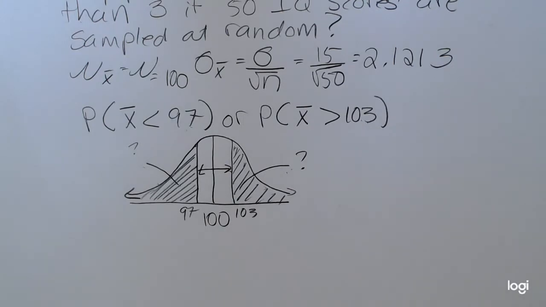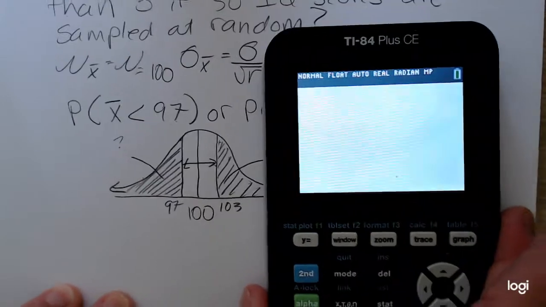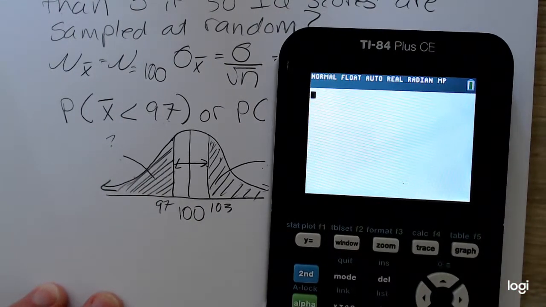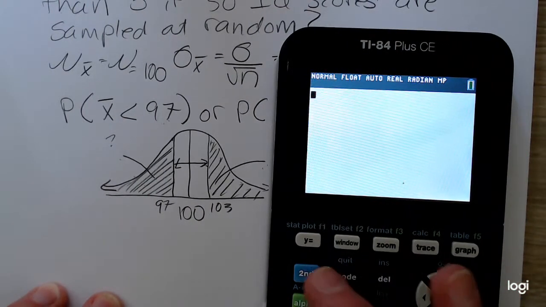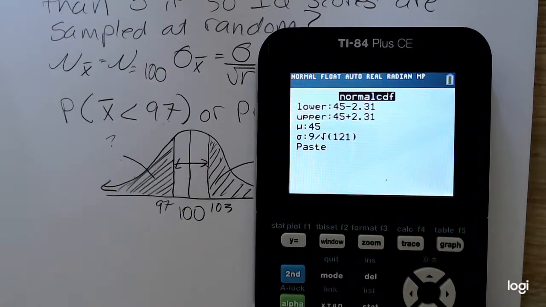All right, so going to my normal CDF menu. I have a lower bound of 97, upper bound of 103, mu is 100, and sigma is 15 divided by the square root of, what is my sample size?